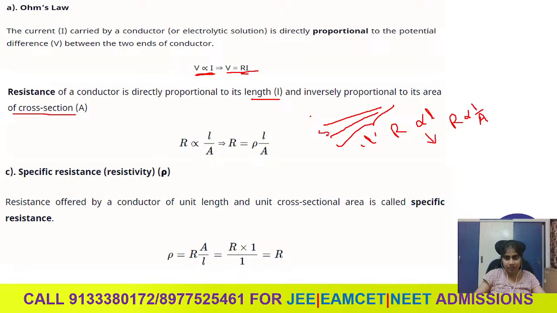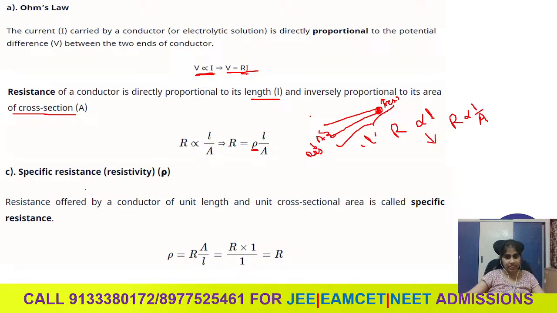Here you can observe, if there is more area of cross section, there is less resistance. If there is less area of cross section, there will be more resistance. So the resistance is proportional to L by A, which is balanced by a constant known as specific resistance.